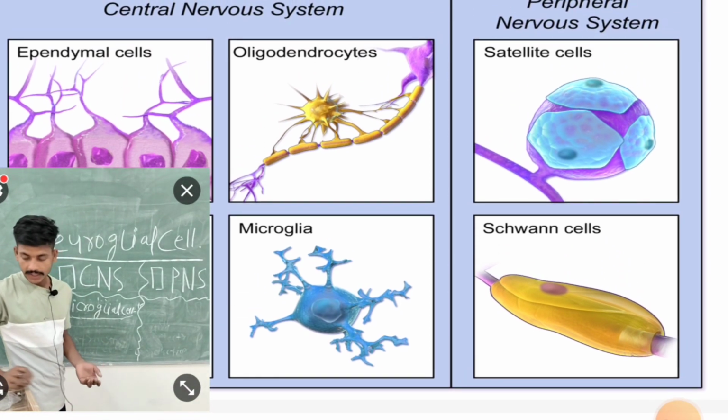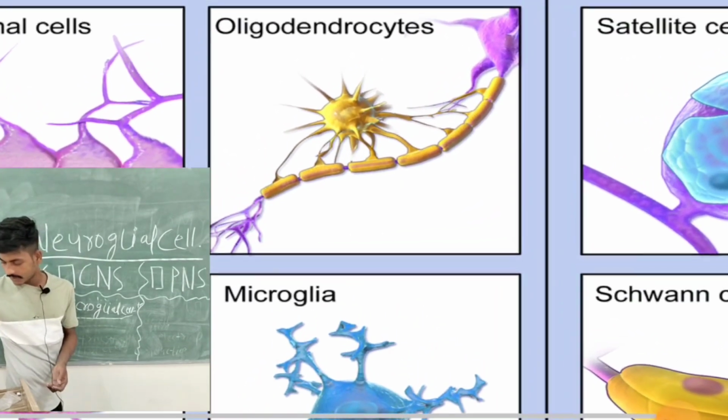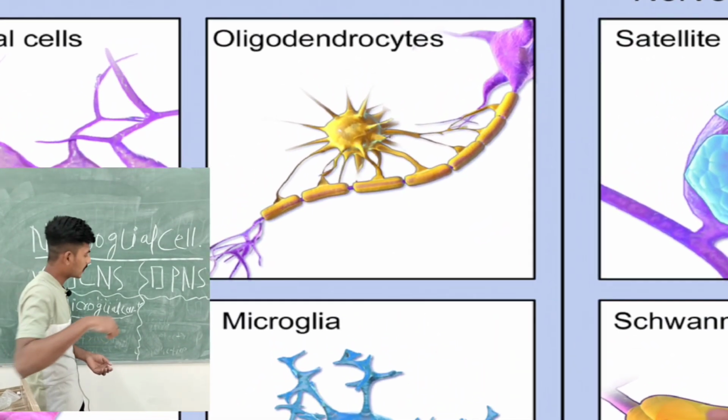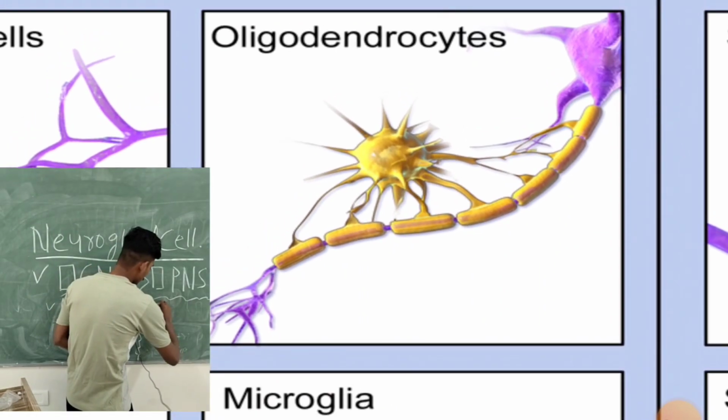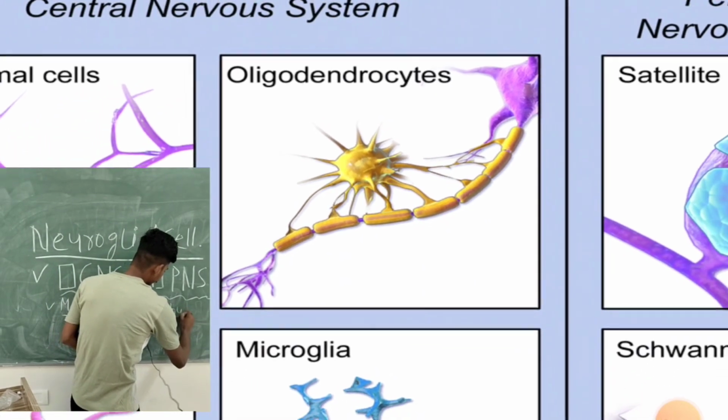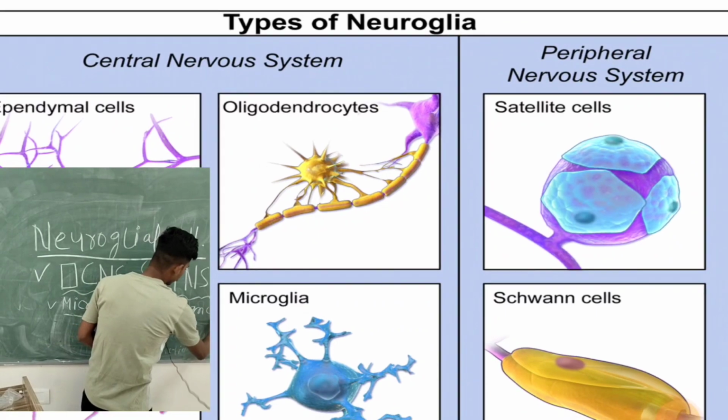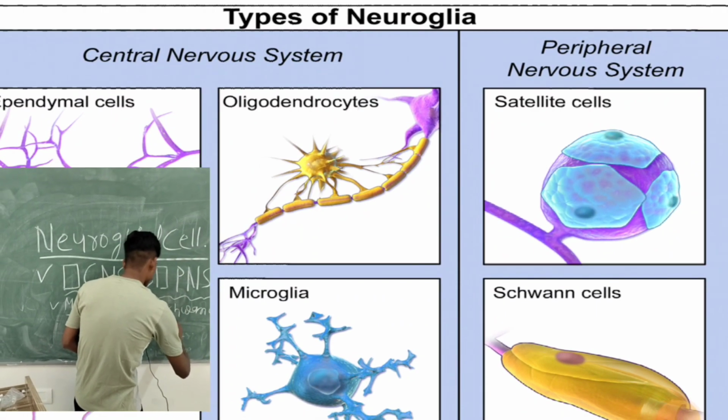Now, in the case of the peripheral nervous system, there are two types of cells present. The first one is called the Schwann cell. The other type is called the satellite cell.